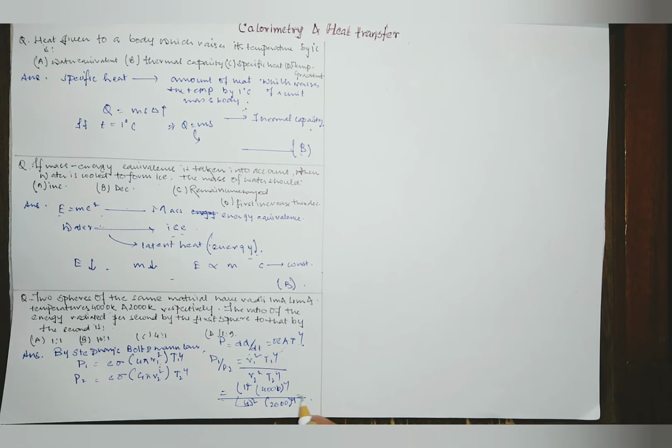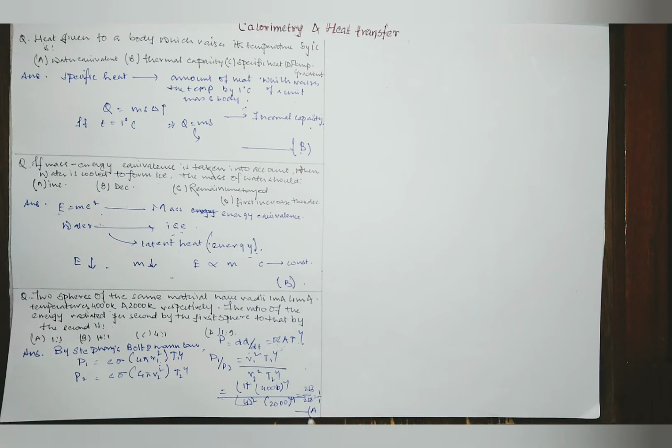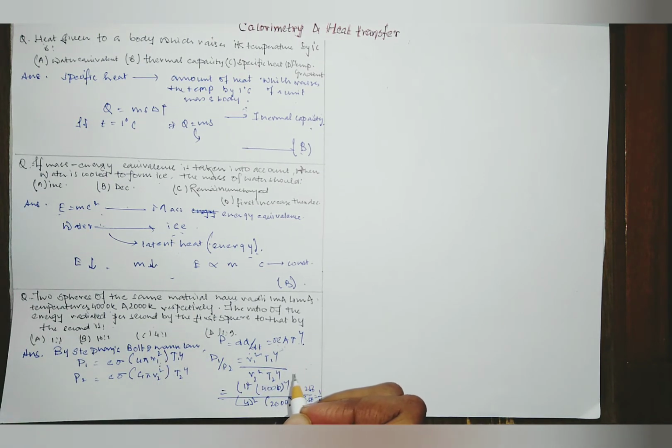This is cancelling, we will get 256 by 256 which is equal to 1 by 1. So from here we can see option A is the right answer, right? So with this we are ending a very simple question. Thank you so much.